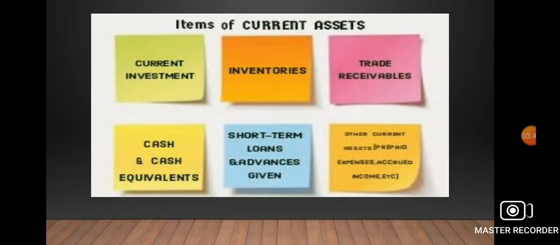Then other current assets, that is expenses, accrued income etc. So these are all the items included in current assets.